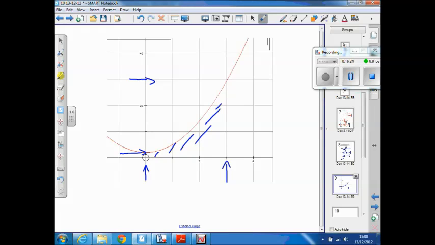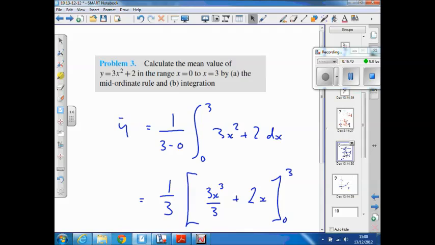So if I was plotting force against distance, or velocity against time, or voltage against time as something is changing, I can calculate what the average voltage is during that 3-second period. A very useful thing to do. What do you do to come up with the average value? You just integrate between the limits you're interested in and then divide by those limits, and that gives you the average value. Okay?